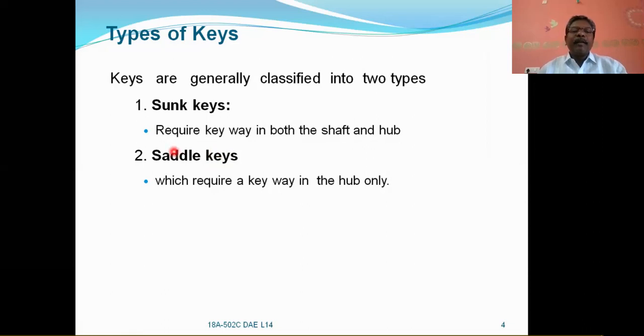And the saddle keys mainly depend on the friction between the shaft and the key. The power transmission will be taking place only because of the friction between the key and the shafts. So that's why these are useful for light power transmission, right?